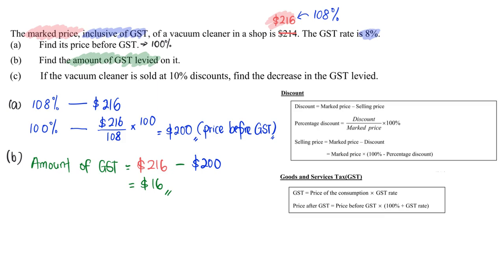And for part C, ooh, interesting. There is a 10% discount offered on the mark price. Okay? And so the discount is actually the mark price minus the selling price. And since there is a 10% discount, I would like to find the selling price first.